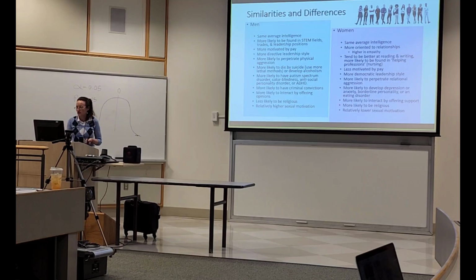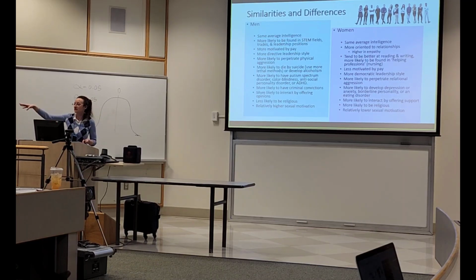The textbook summarizes gender differences between men and women that have been reliably found in the psychological literature, keeping in mind that 85% of psychological studies are done on undergraduates like you. So what do they find? Well, they find that women tend to be more relationship-oriented, more likely to have social interests in working helping professions like psychology. About 80% of psychology students are female.